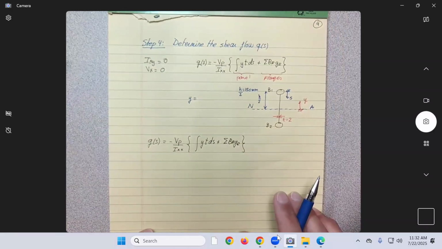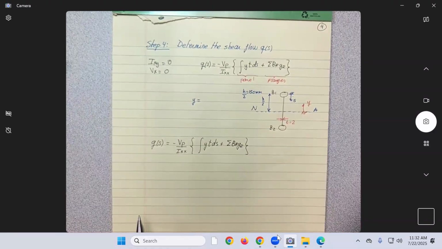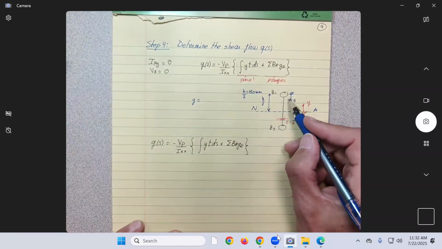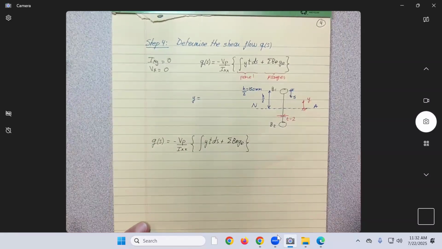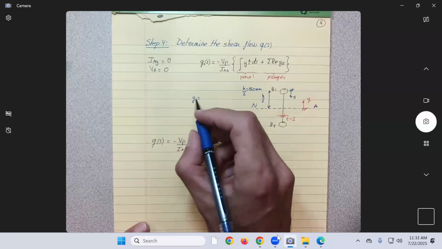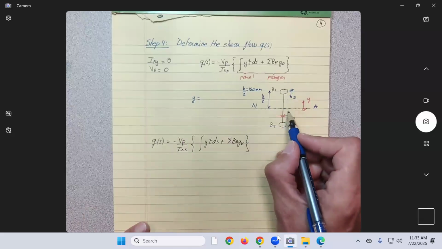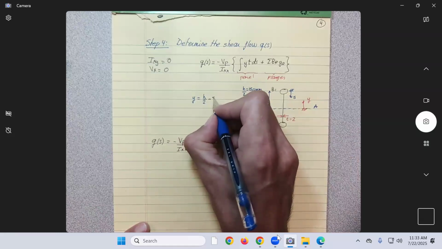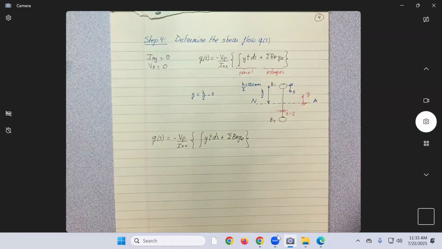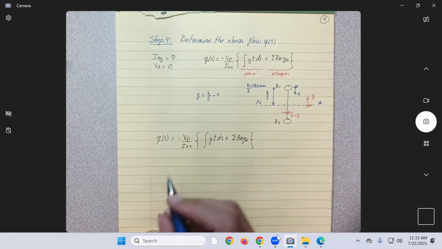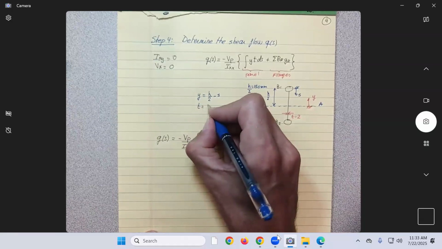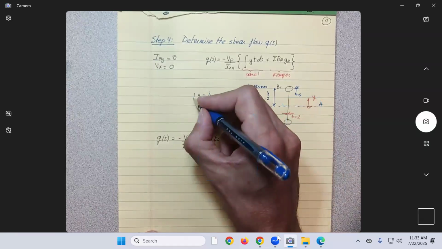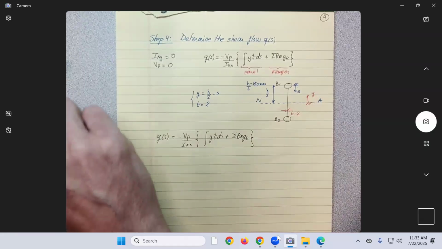If you did the assignment, this should be pretty easy. What would it be? We go from here down to the neutral axis. What is the distance? That's what you have to do all the time, no? H over 2 minus S. So then T will be equal to 2 millimeters. And basically that's it.